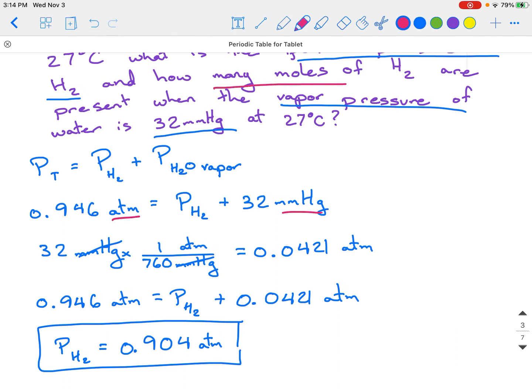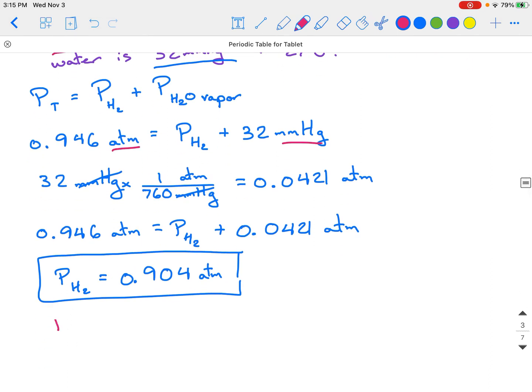Now the next question that's asked is how many moles of H2 are present? Well, we're given a heck of a lot of information here. We have a pressure that we can use. Do you think we can figure out the moles of H2? We sure can. We can use the ideal gas law to get the moles of H2.